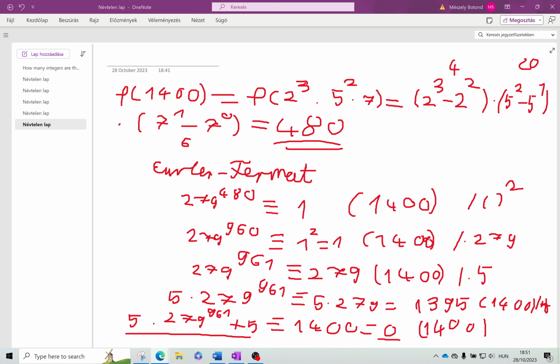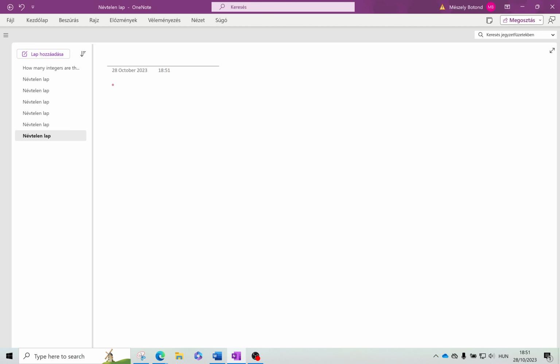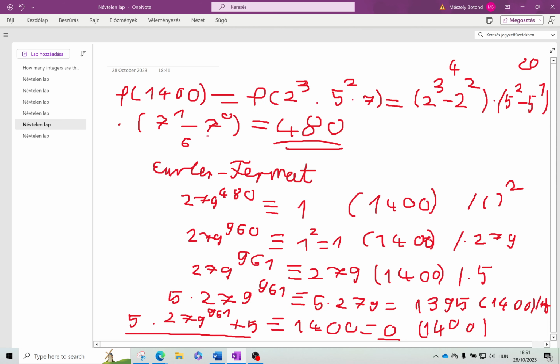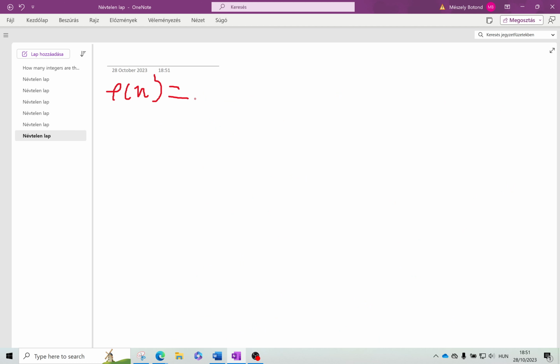So there is a formula which says phi of n is equal to p1 to the power of k1 minus p1 to the power of k1 minus 1, and so on. So n is the number that we are looking for. In this case it was 1400, and the formula says that p1 is prime 1, it's always a prime number, to the power of k1.